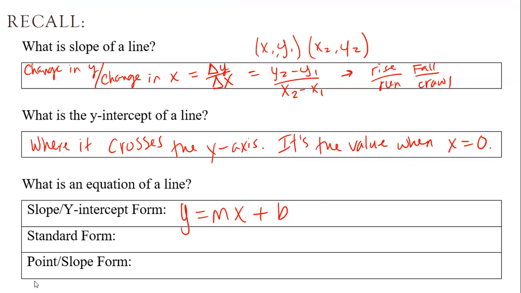We then have our standard form, and our standard form is ax plus by equals c. And in this case, a is always positive.